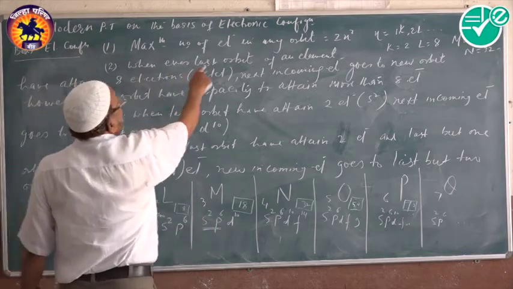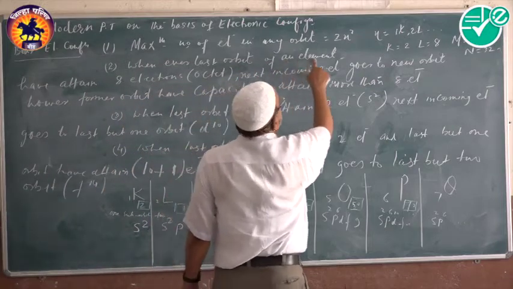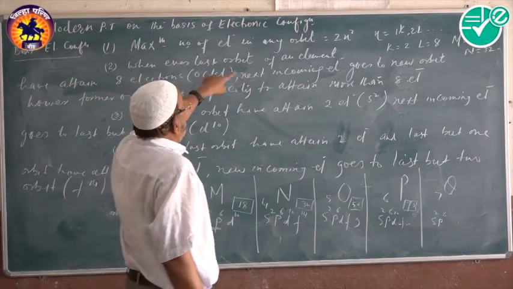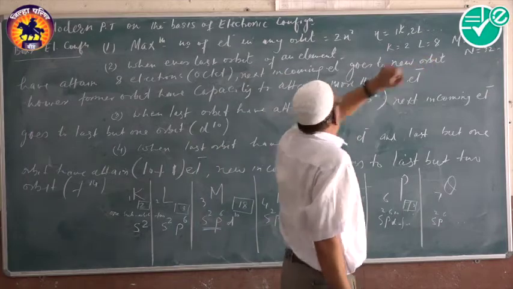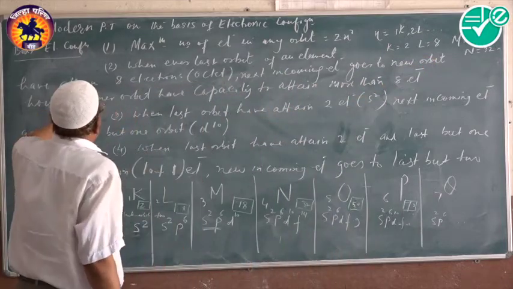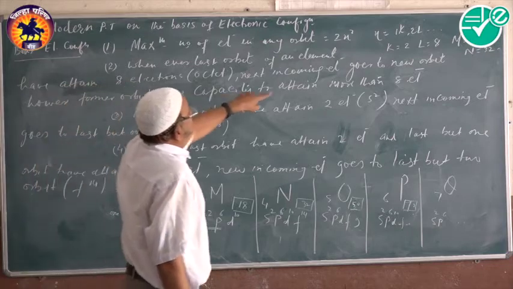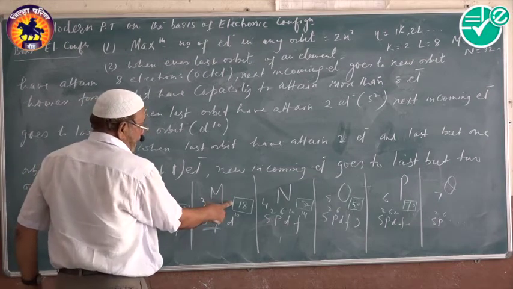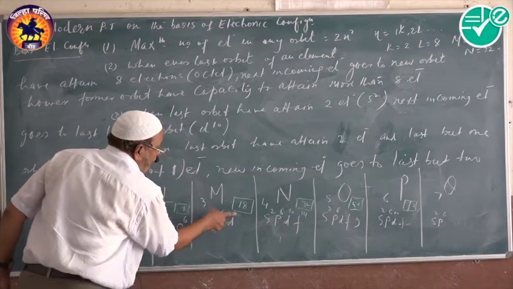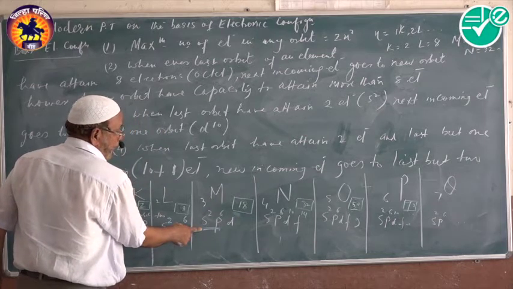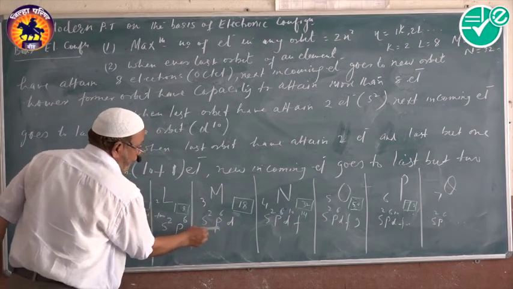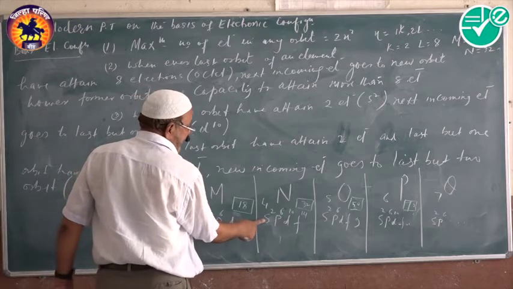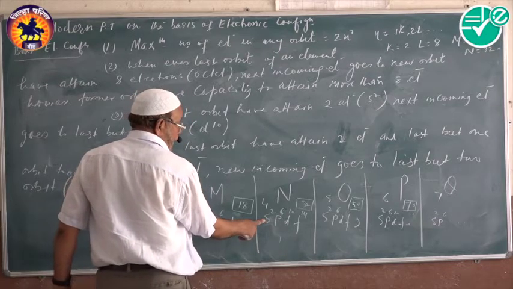Orbit number 3 has maximum capacity 18, but it will attain only 8 electrons. Remember, it is inert, argon. Now, the new incoming electron goes to a new orbit. Hence, 19 and 20 will be S block.